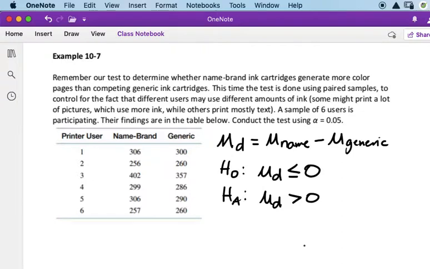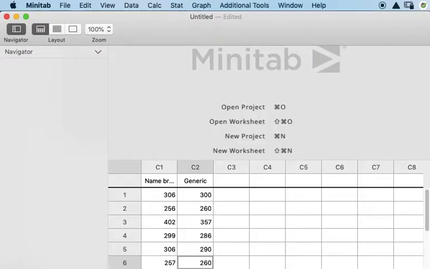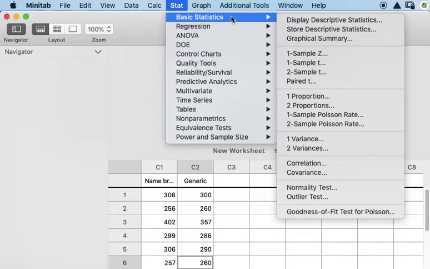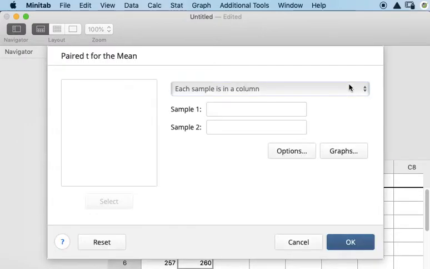Now we're going to go to Minitab. I have the data already entered here from the table on the page. These are the values. I labeled the columns name brand and generic. Then I'm going to go up at the top to Stat, Basic Statistics, and I'm going to go to Paired t, which is below 2-Sample t.